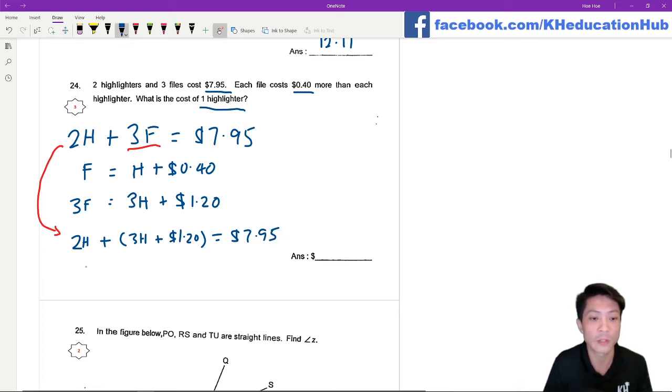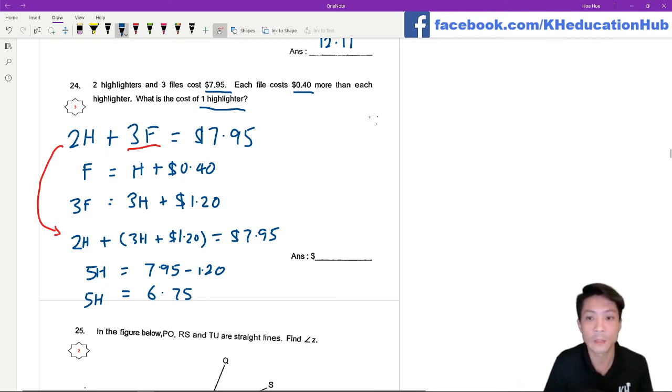Okay, so altogether this is gonna become 5H is gonna be equal to 795 minus 120, which is gonna be equal to $6.75, which is 5H.